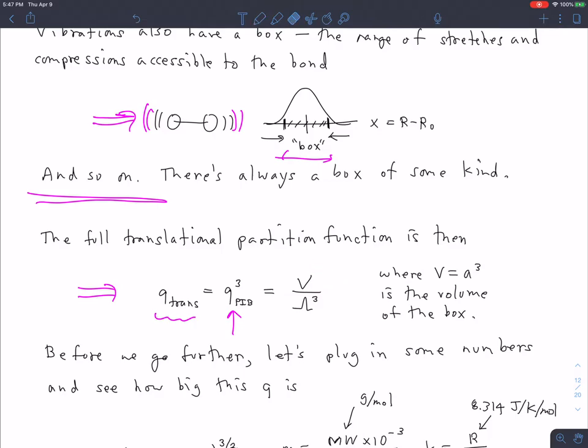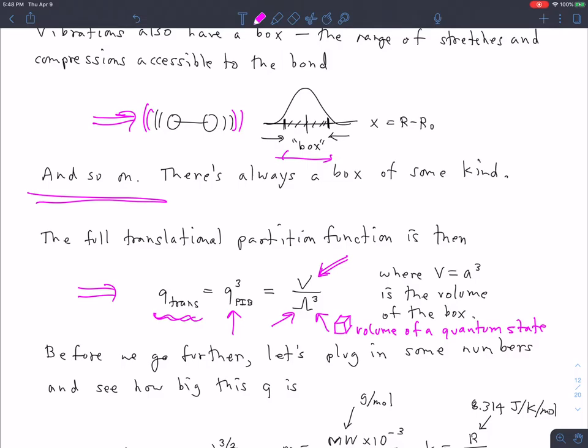So it ends up being the volume of the box, which is the thermodynamic volume, so there's a thermodynamic variable already showing up, divided by lambda cubed, which is the volume of one little tiny 3D quantum state. And so the full translational partition function is just the volume available to the molecules divided by the volume of one quantum state.